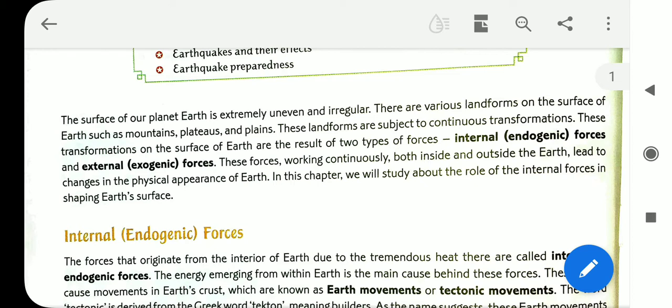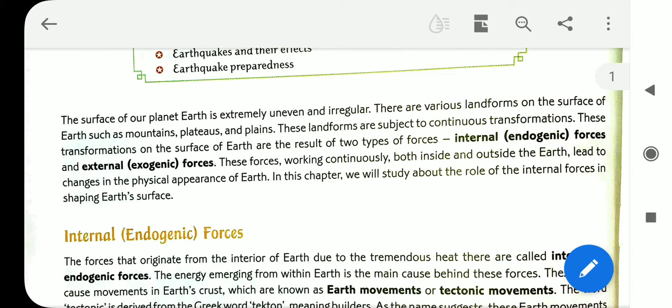These transformations on the surface of the Earth are a result of two types of forces: internal or endogenic forces and external or exogenic forces. These forces working continuously both inside and outside the Earth lead to changes in the physical appearance of the Earth.